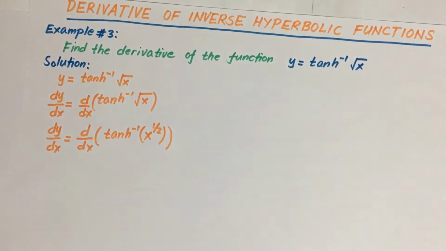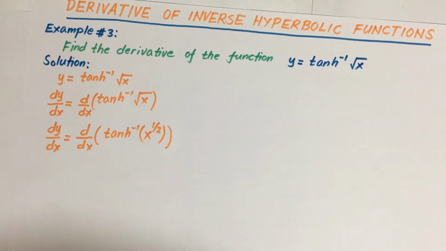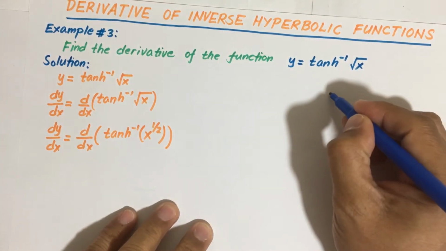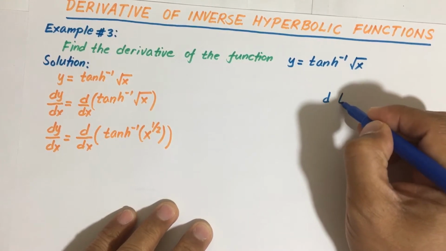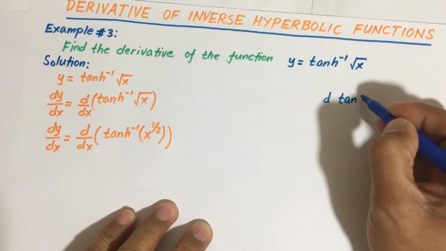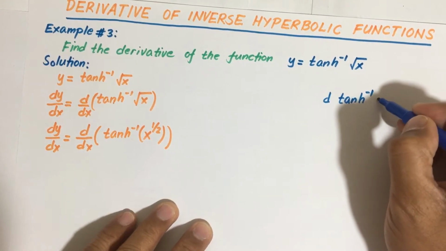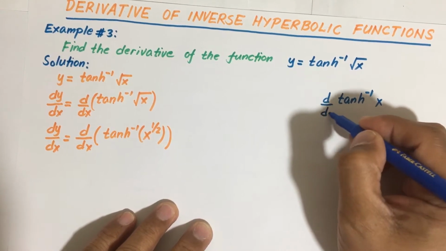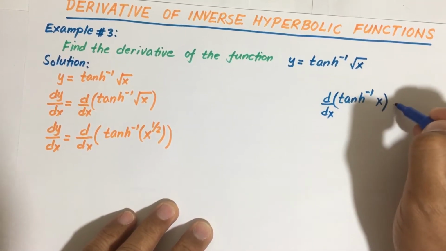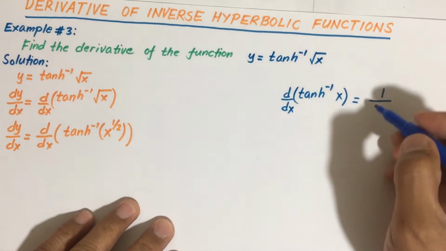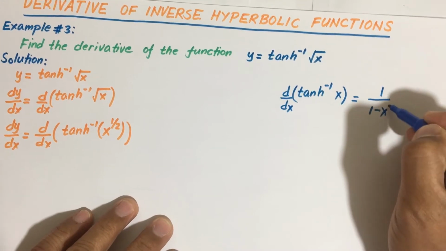Okay, and then we're going to use the formula for the derivative of the arctangent of x. So from the formula, the derivative of the inverse hyperbolic tangent of x with respect to x is equal to 1 divided by 1 minus x squared.